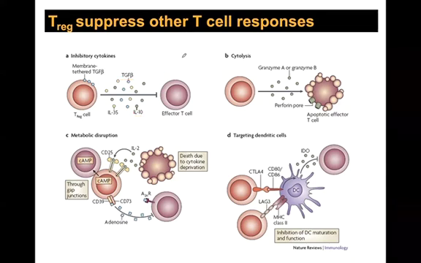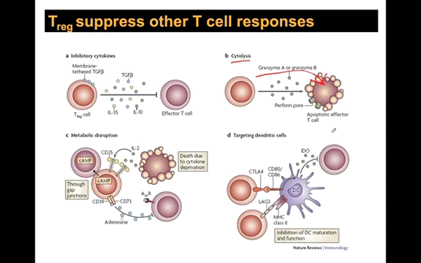But they can actually do a couple of other things. What's often not really appreciated is Tregs have perforin and granzyme. And so what they can actually do is go along and kill effector T cells. Where does this happen? It's mostly natural Tregs that are coming out of the thymus.